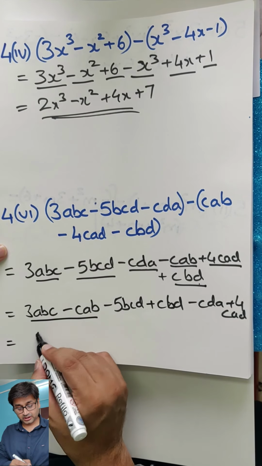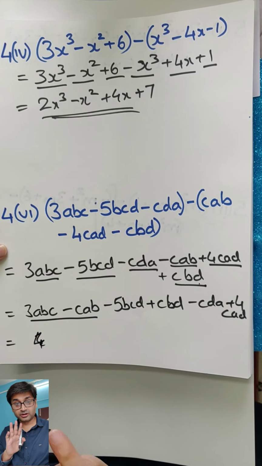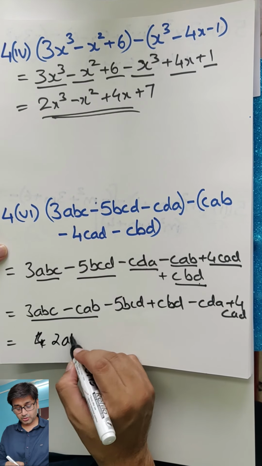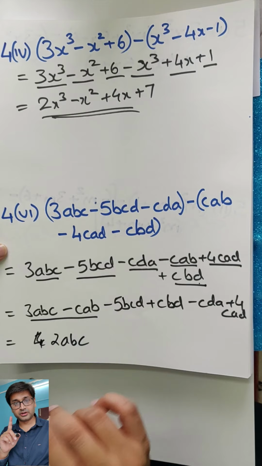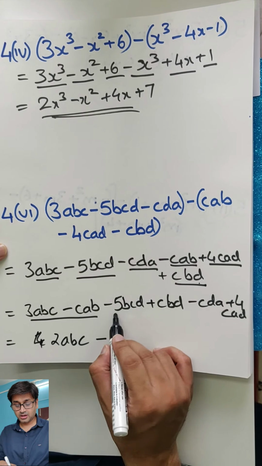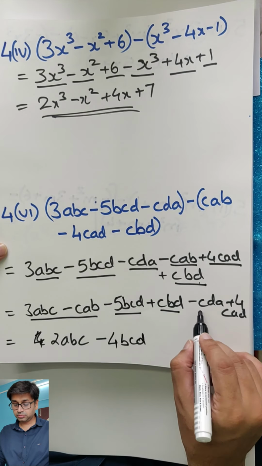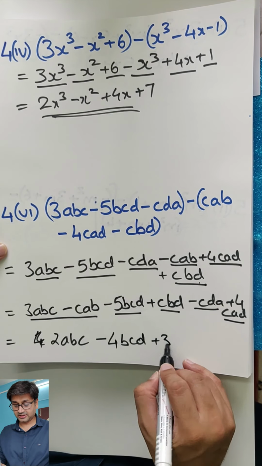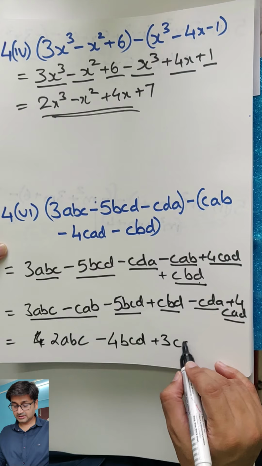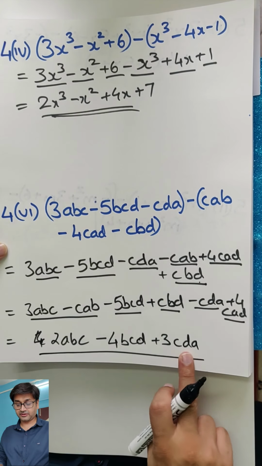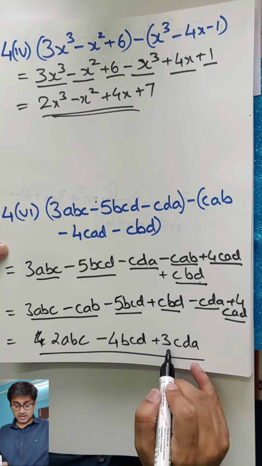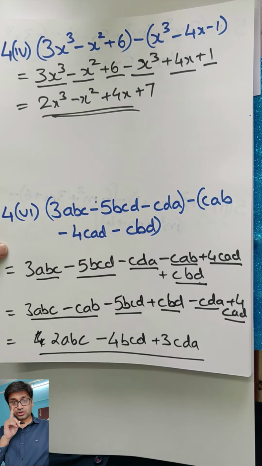So 3 minus 1 will give me not 4, 2. 2ABC you can write. Any order you can write, better write in alphabetic order. 5 BCD minus 1, so 4 BCD. 1 plus 4, so plus 5 CDA. Doesn't matter whatever order you write. But these numbers and the signs should be correct.